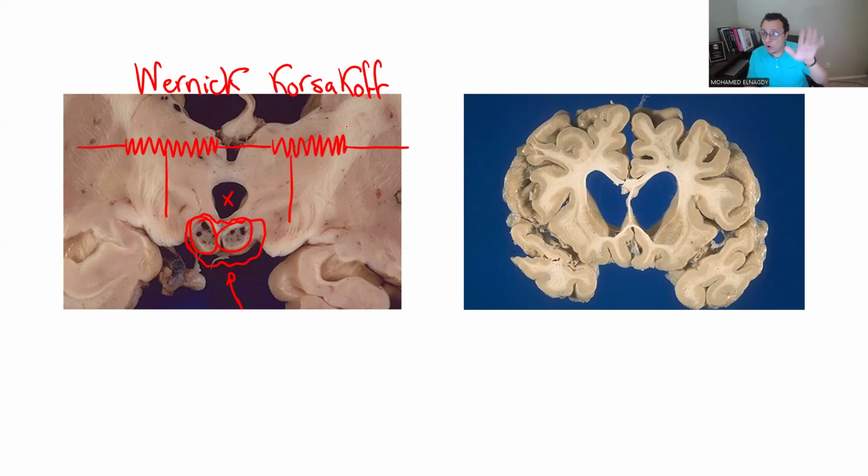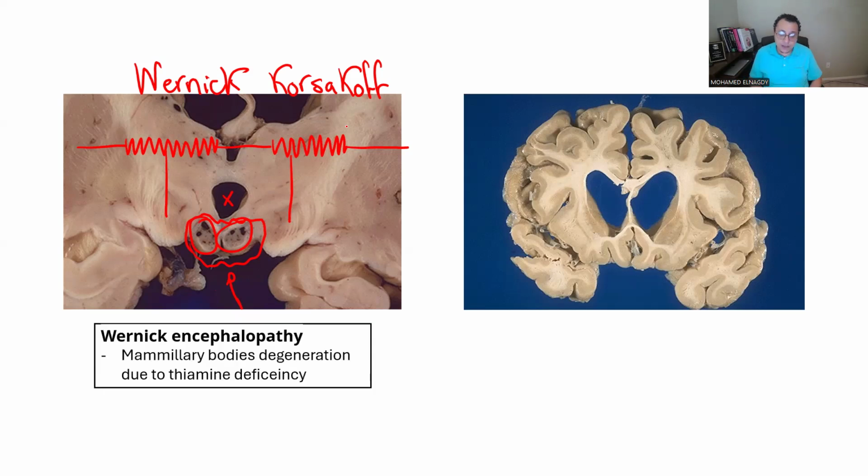So it's a confabulation, memory gaps filled by events that never happened. That's one of the classic features of Korsakoff dementia, or Korsakoff amnesia. So here's Wernicke encephalopathy. It's mammillary bodies degeneration due to thiamine deficiency. Very important, it's highly associated with alcoholism.